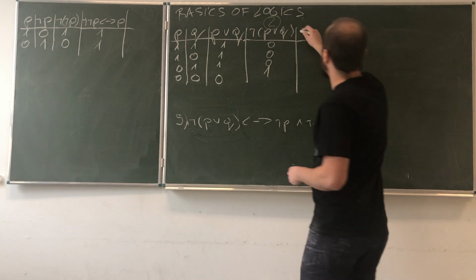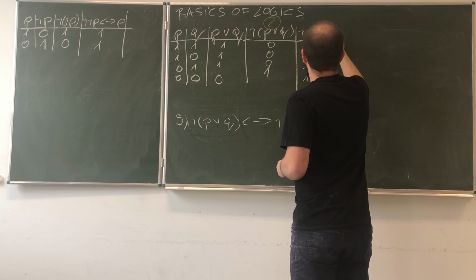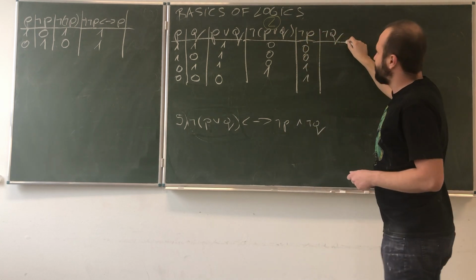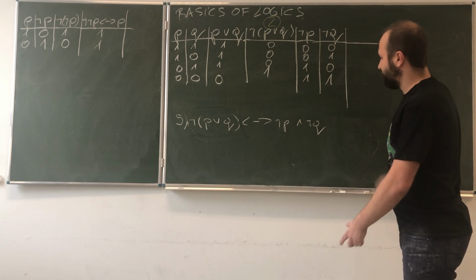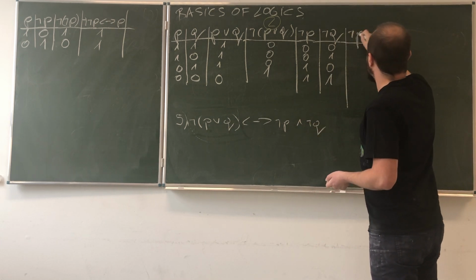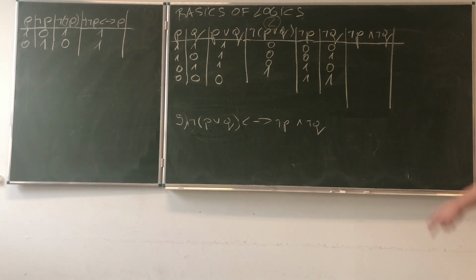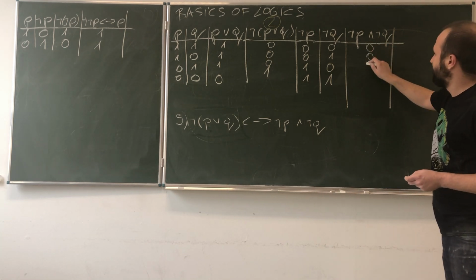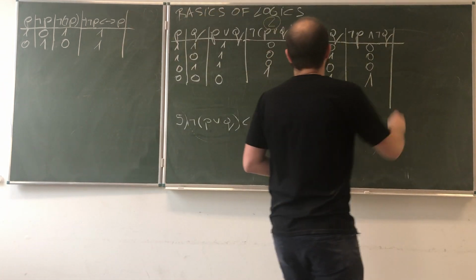So now we need to deal with not P, so we can have 0, 0, 1, 1, and not Q. Not Q gives us 0, 1, 0, 1. And then finally we can put them together, that's not P and not Q. Now, for this statement to be truthful, both of them need to be truthful at the same time. So we've got 0, 0, 0, 1. And let's call this part the right-hand side.